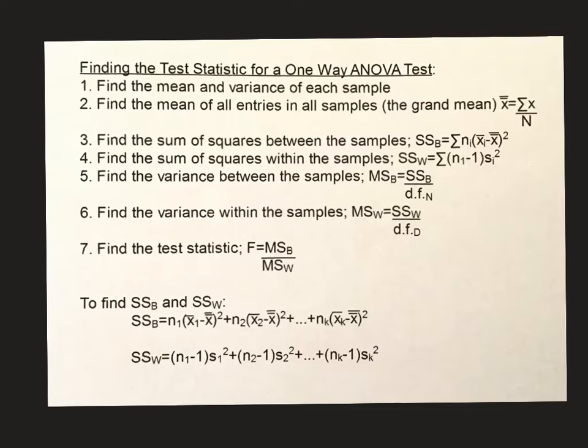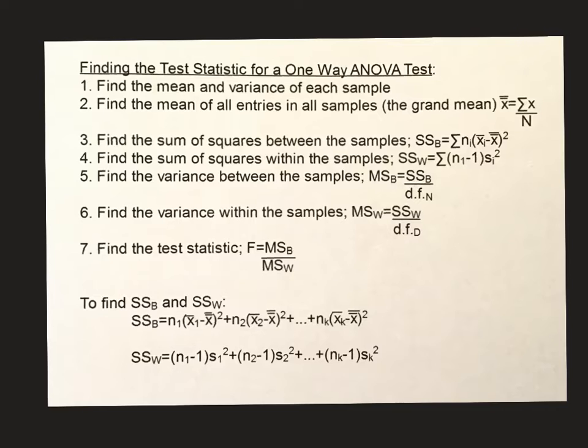And then you're going to find the variance between the samples, which is that MS sub B that I mentioned just a minute ago. So to find that, you're going to take SSB from step 3 and divide it by your degrees of freedom from the numerator. And to find the variance within the samples, that MS sub W I mentioned, you're going to take SSW from step 4 and divide it by your degrees of freedom for your denominator.